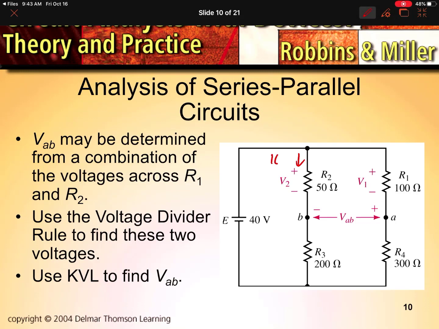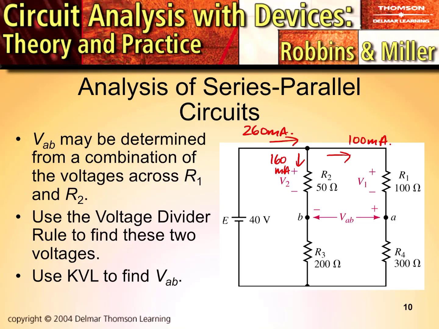We had 160 milliamps. Current this direction was 100 milliamps, and the current entering here was 260 milliamps. So that being the case, we can determine this voltage here of R3 and this voltage here of R4. And then VAB is just the difference of voltage of those two points.